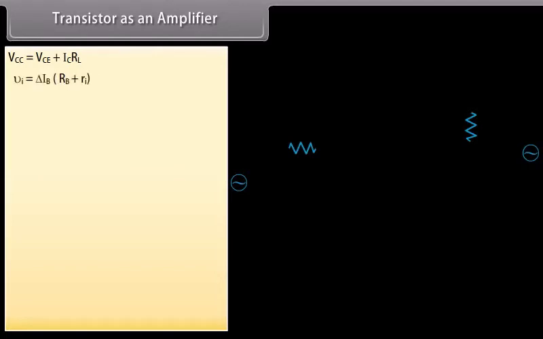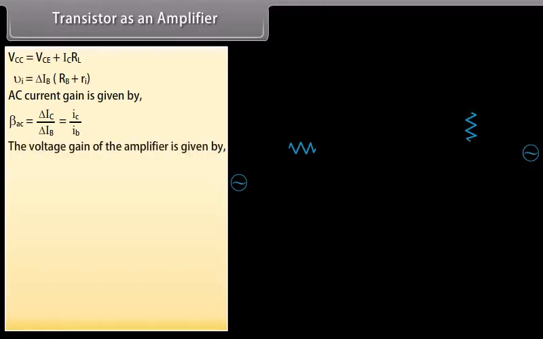Delta Vi is equal to delta IB multiplied by RB plus Ri. AC current gain is given by beta AC equal to delta IC upon delta IB. The voltage gain of the amplifier is given by AV equal to delta VCE upon Ri delta IB.